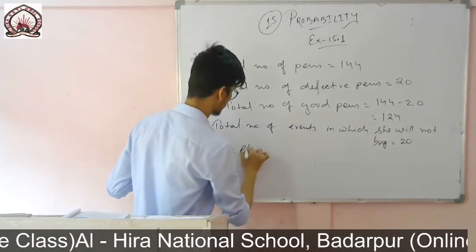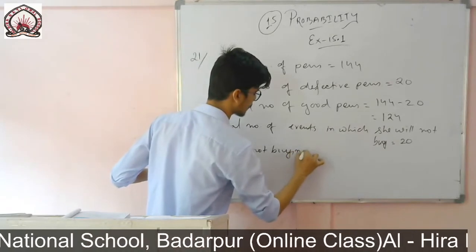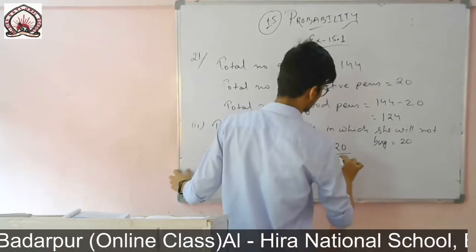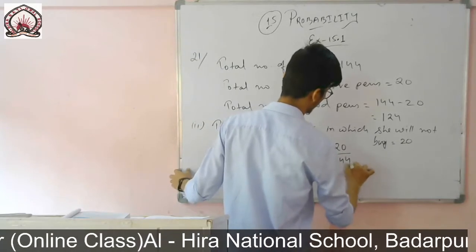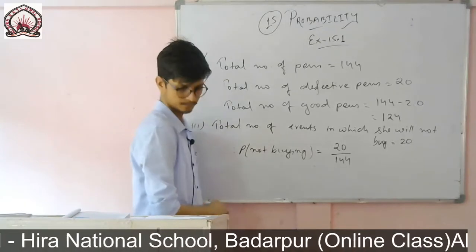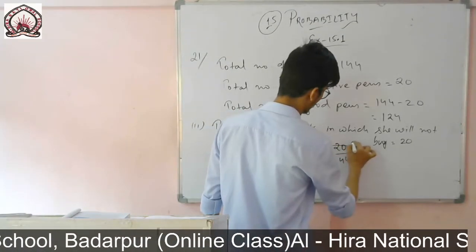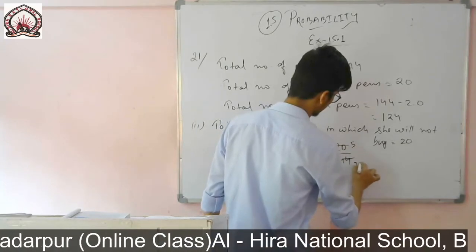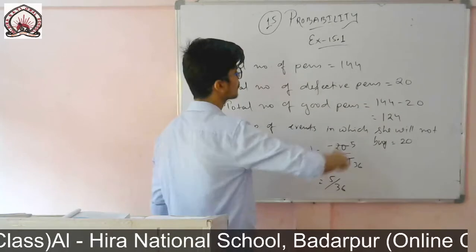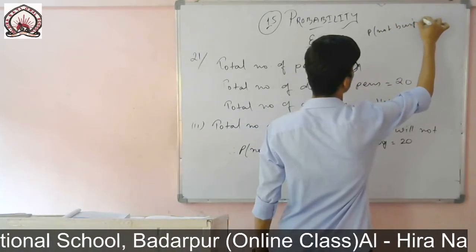Therefore the probability of not buying is equal to 20 by 144. 20 by 144. So 4 5s are 20, 4 36s are 144. So 5 by 36.